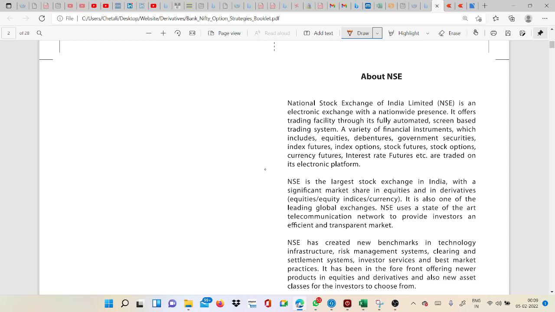But for information and knowledge purposes, this is very important, because I can cover only the theoretical aspect, but when you actually go and check all those things, then you will have a good idea about it.